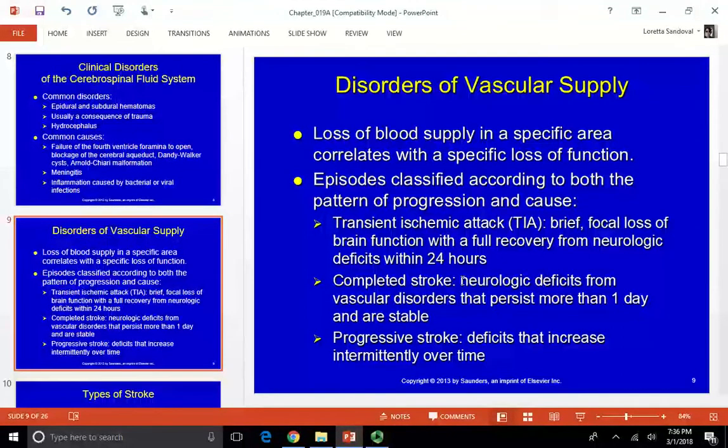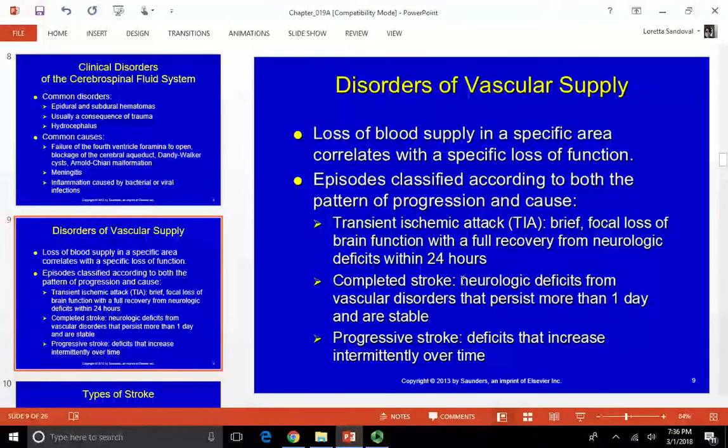So often an ischemic stroke, which is where we have blockage of arteries, usually by a clot, a thrombus or an embolus, is stable, and hemorrhagic strokes, which are caused by excessive bleeding, which could be an aneurysm or the rupture of an arterial venous malformation, can be progressive.